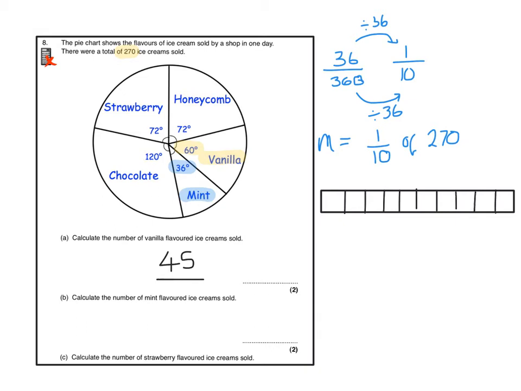There we go. So all of this bar represents 270. I want to know what 1/10 is, which is just one of these boxes here. So I need to divide 270 by 10, which is 27.